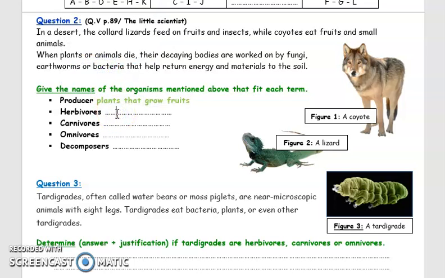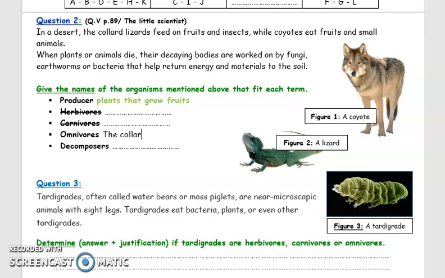Herbivores. In the text, they mentioned two animals, the lizard and the coyote. And both animals are omnivorous animals since they feed on fruits, but also on other animals such as insects. So, there is no herbivorous animal mentioned in the text, and no carnivorous animal mentioned in the text.